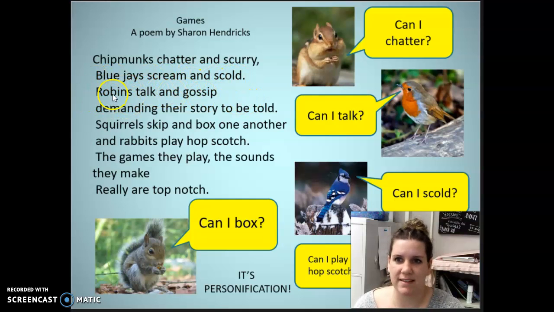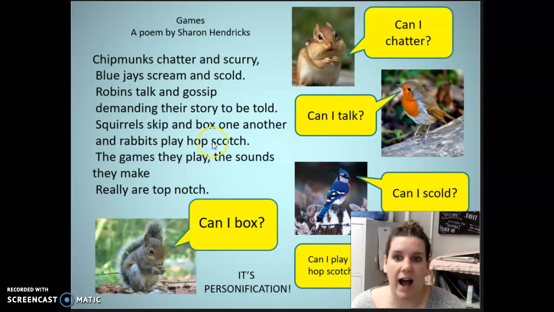They're taking robins, and their personification is talking and gossiping. Squirrels skip and box one another. Have you ever seen two squirrels fight? It does kind of seem like they're boxing or playing with one another. They're just describing what the squirrel's doing, but they're not really skipping and boxing one another.